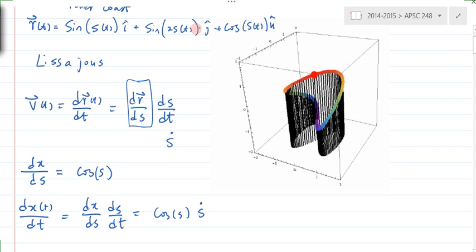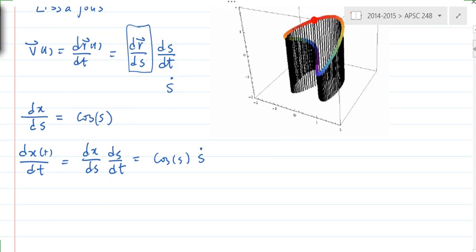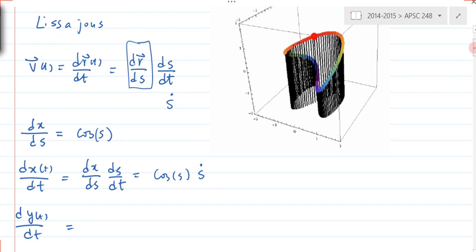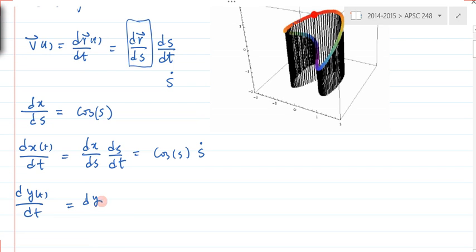Then you calculate the remaining two. This is actually not bad, but in case you have a long expression, you just have to be careful. For example, for sine 2s, dy over dt is dy over ds times ds over dt. y is sine 2s, times s dot.